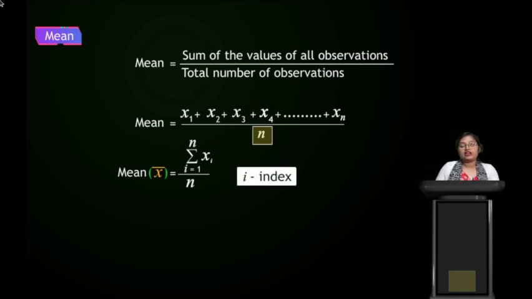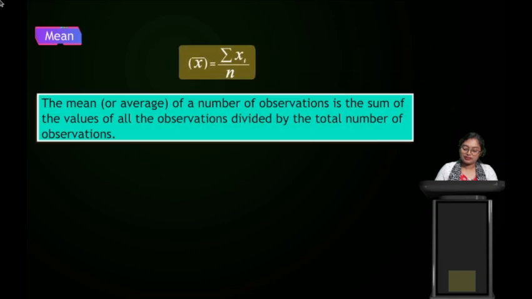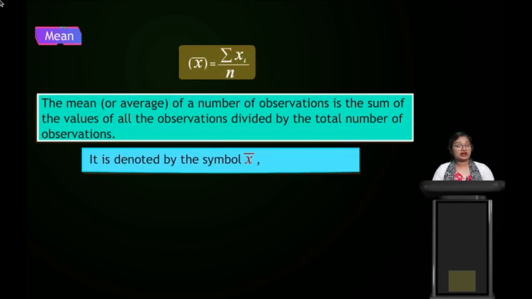So here we can write it in simpler form, that is x bar is equal to summation xi divided by n. Then the mean of observations is the sum of the values of all the observations divided by the total number of observations. So this is the definition for mean. Then it is denoted by the symbol x bar and read as x bar.